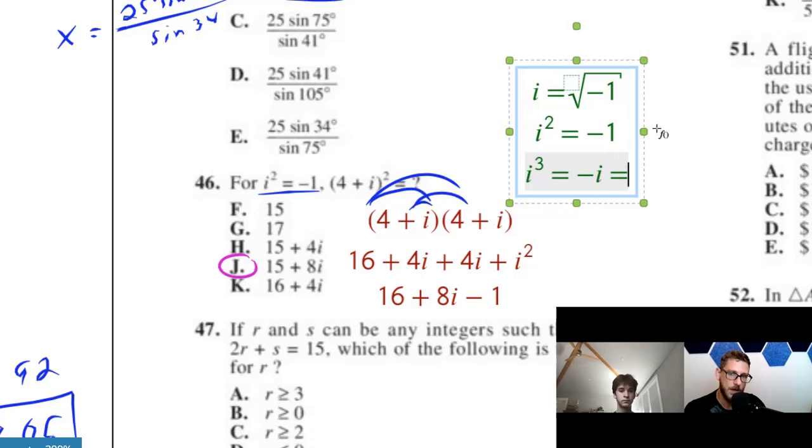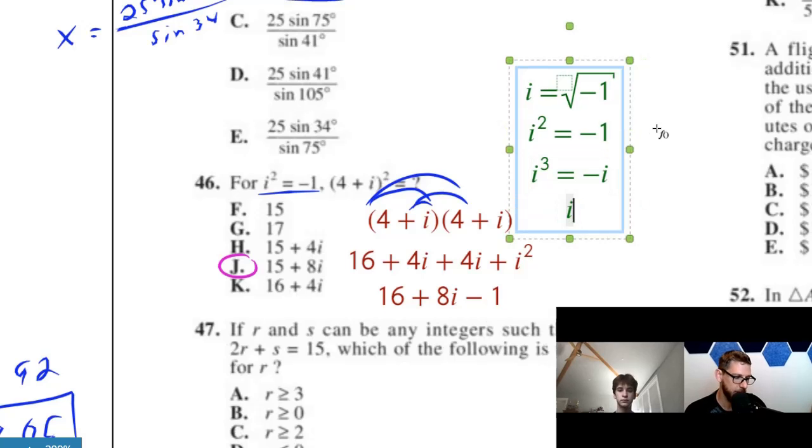Let's go one more. So what happens when you go i to the fourth? Would that be 1? Because it's like -1 squared. Yes. Since i squared is -1, i to the fourth would be -1 squared, which is +1. Or another way to think about it, it's i to the third times i. So if you multiply -i by i, you'll get -i squared, which is -1 times -1, which is +1.